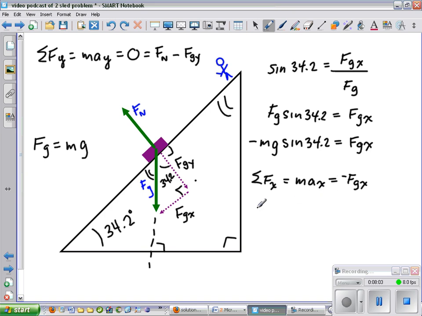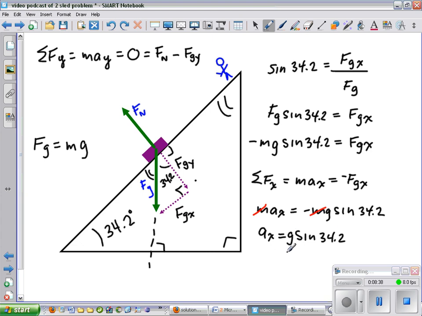So let me substitute that in. max equals negative mg sine 34.2, and I have an m on both sides. Cross that out, and I get ax equals sine 34.2. Oops, times g. There's a little g in there.